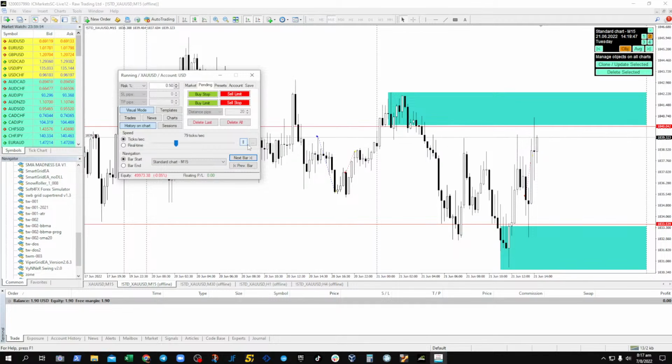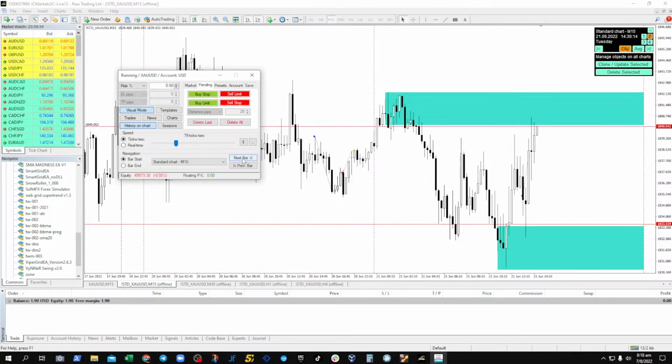We just need to see a sell signal to take our trade. There's really no clear signal over here.